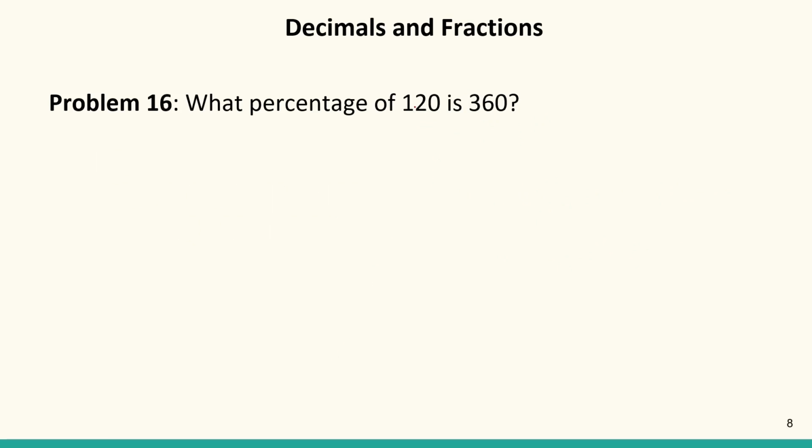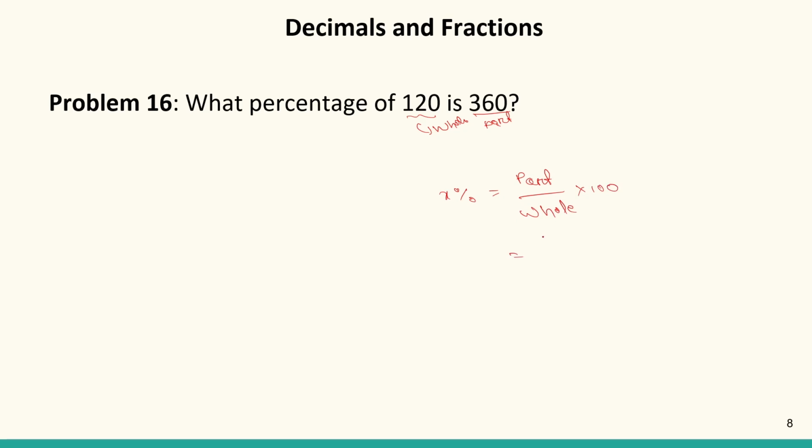What percentage of 120 is 360? Again we use that formula. Look here, 360 is the part and 120 is the whole. So we have the formula: x percentage is equal to part by whole into 100.